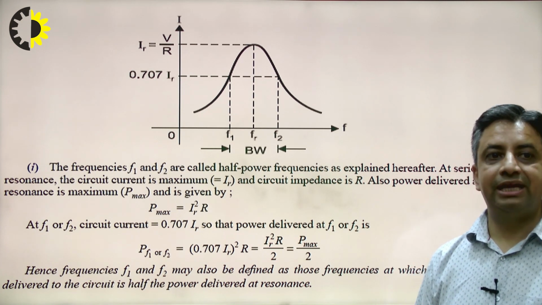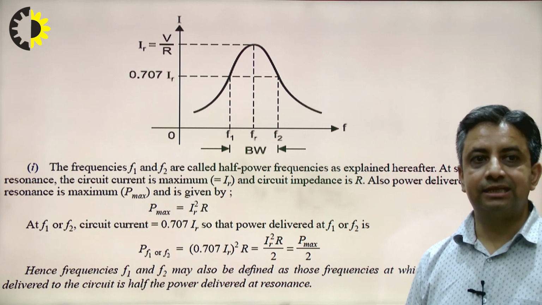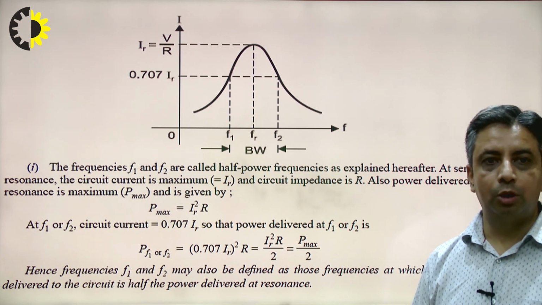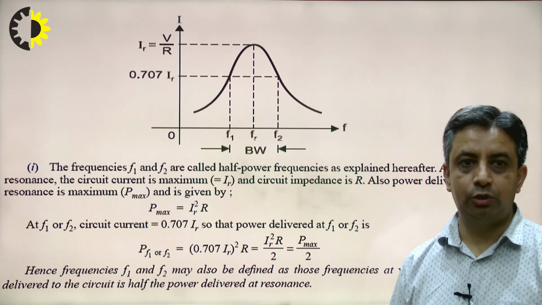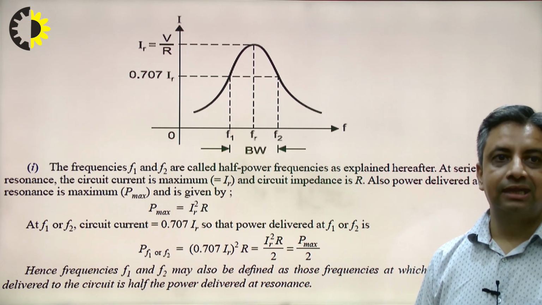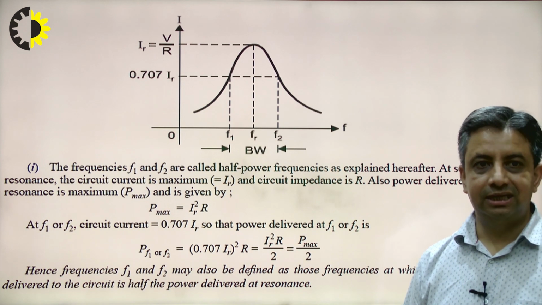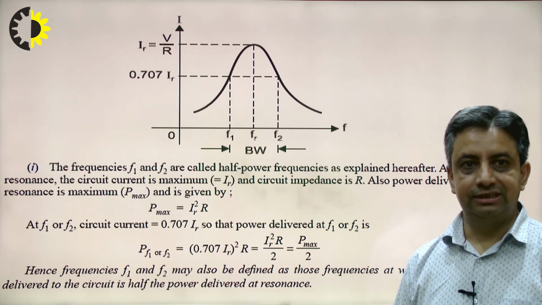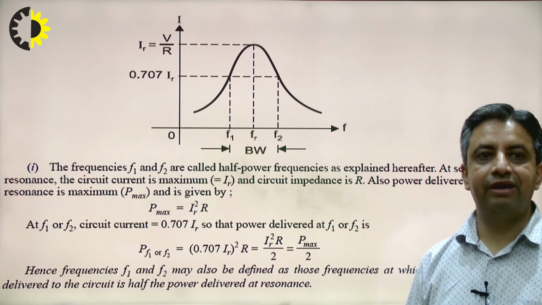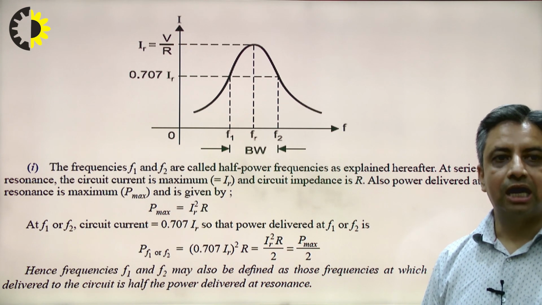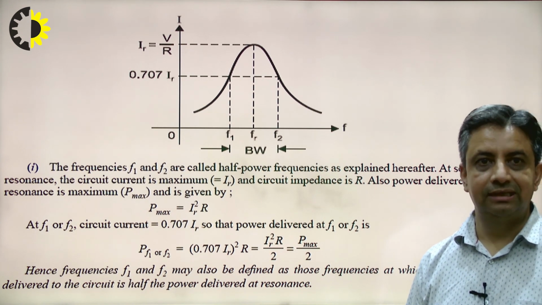So if I replace I in this expression by I by root 2, the power comes out to be equal to P max by 2. That means at the cutoff frequencies, the power dissipated by the circuit is half as compared to the resonance condition. That's why F1 and F2, the cutoff frequencies, are also known as half power frequencies.